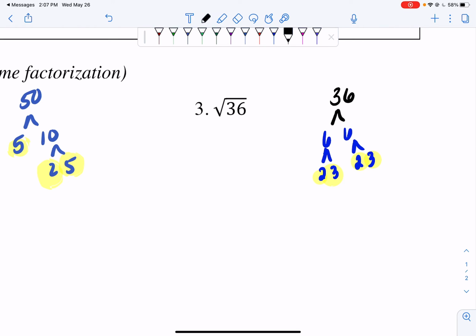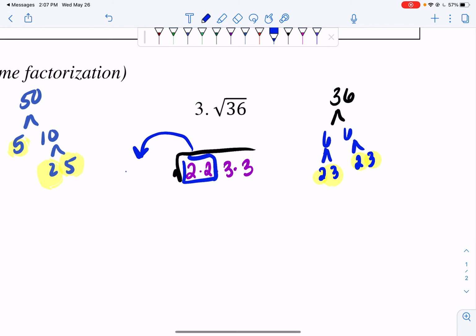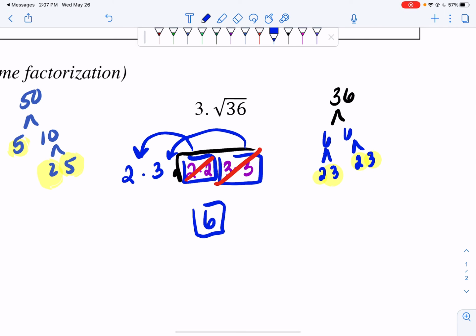And now I'm going to write them under a radical. And if you look, I've got doubles. I got a double 2, becomes a single on the outside. I got a double 3, becomes a single on the outside. If you look, I have nothing on the inside of my radical, so there's nothing left over. So I will not even be writing a radical. What's 2 times 3? 6. 6 is my final answer.